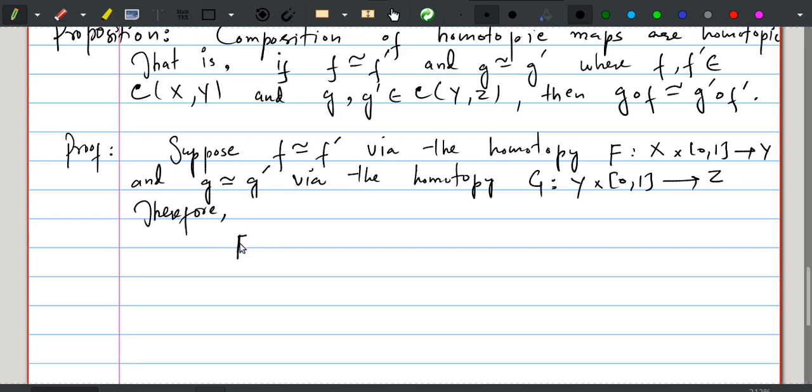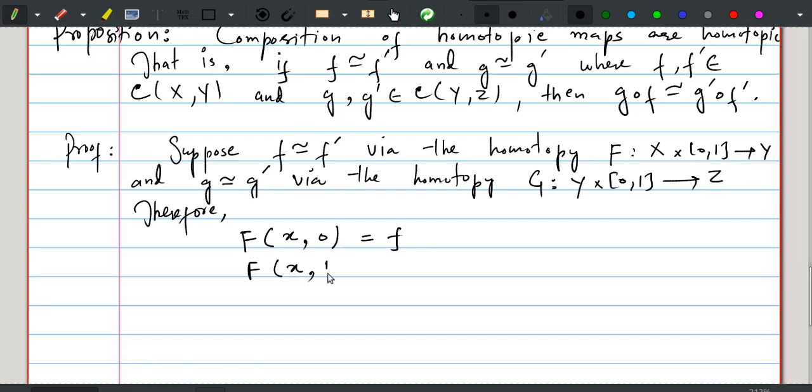Therefore when we restrict F to 0, we get little f, and when we restrict F to 1, we get f prime.